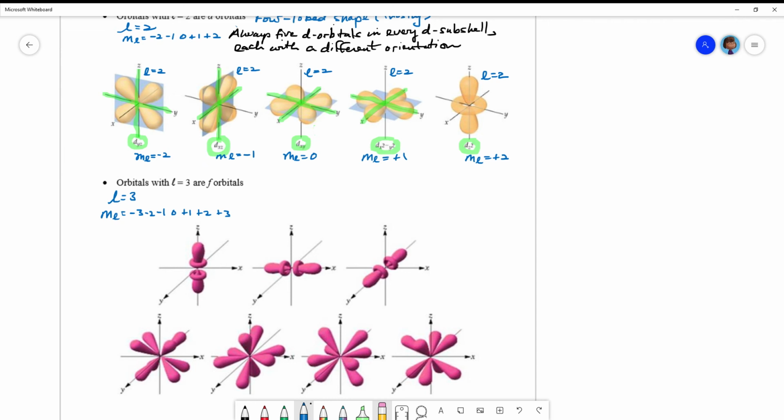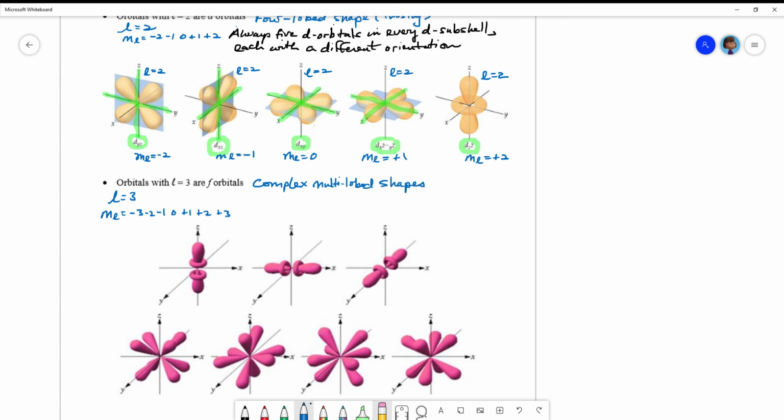And how do you describe these shapes? Well, I'm just going to call them complex multi-lobed shapes. And aren't they beautiful? Quite fantastical. So let's just say they are complex multi-lobed shapes is what we end up having here.